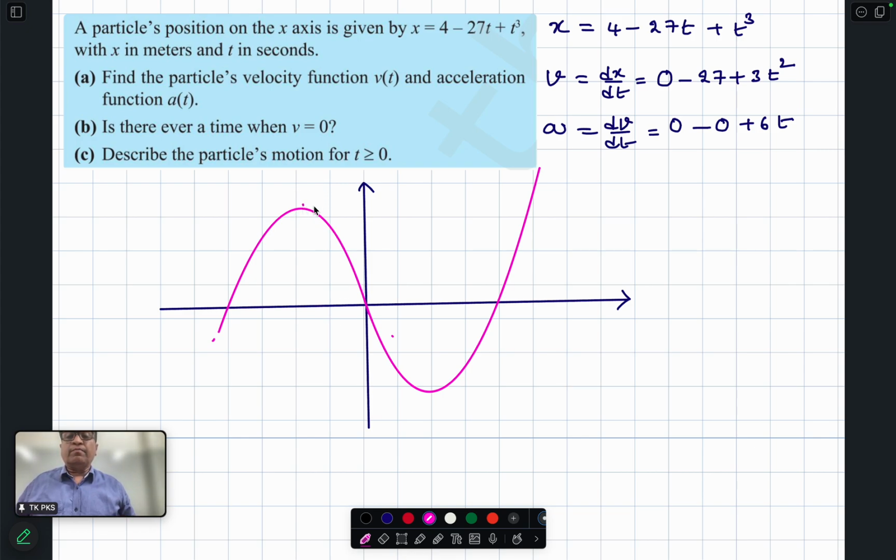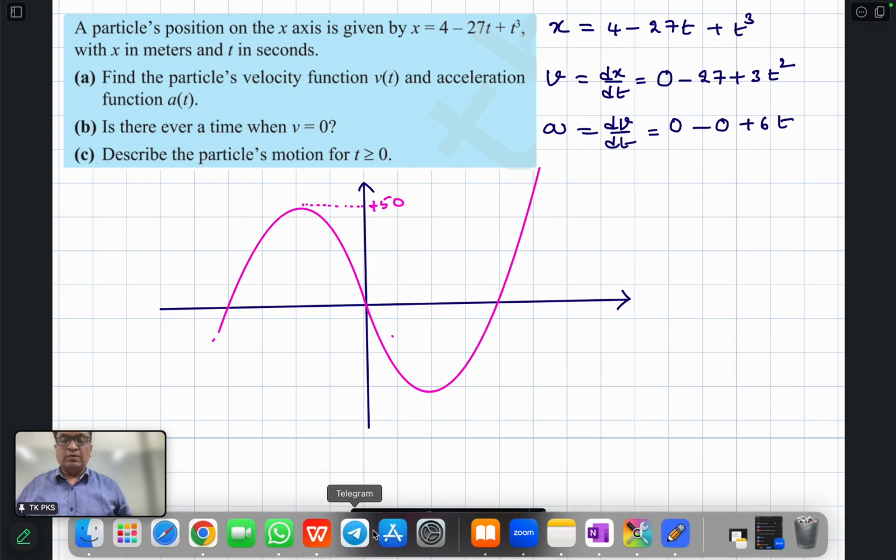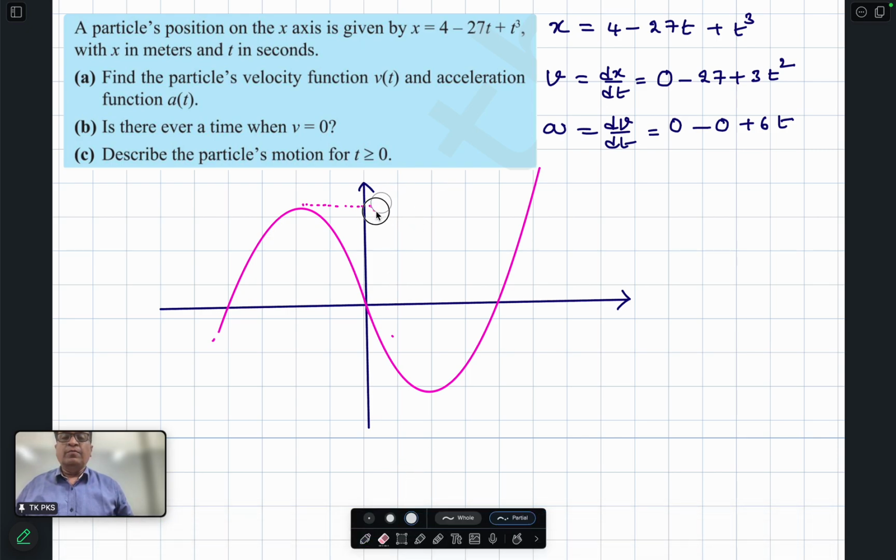Here, this is nearly 50 plus. This is how your x versus t graph works. You want t greater than 0, so forget about this. Till this point, it is going away from the origin.